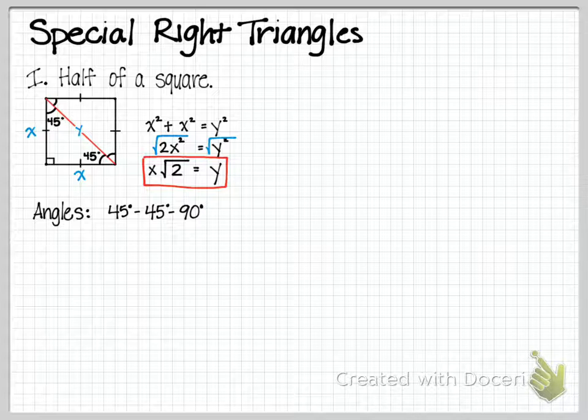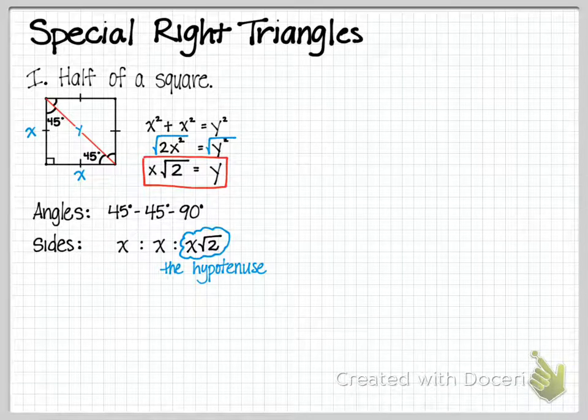We call it a 45, 45, 90 degree right triangle, even though that's a little redundant. The sides, therefore, using the letter x, have the ratios of x, x, and x root 2, where x root 2 would be the hypotenuse. So let's say it was a square with sides of 3.